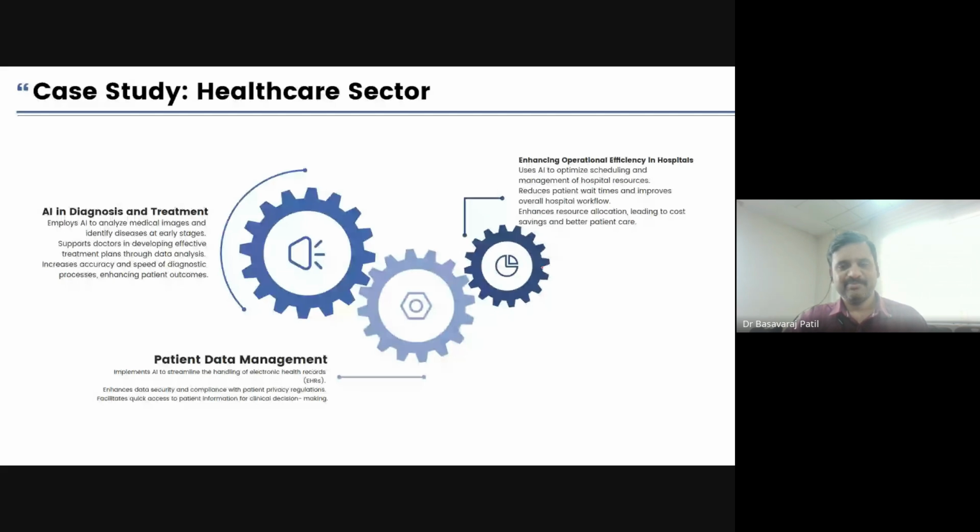Nowadays, based on your registration and your previous data, you are given some samples, some preliminary medicines from the AI as well. So even that is evolving. The health sector industry is making money over that. They are trying to reduce the burden on the doctors so that commonly given prescriptions are provided by the AI.